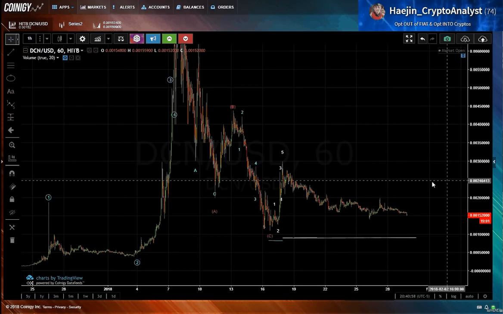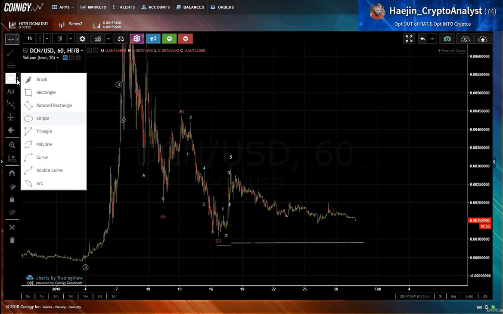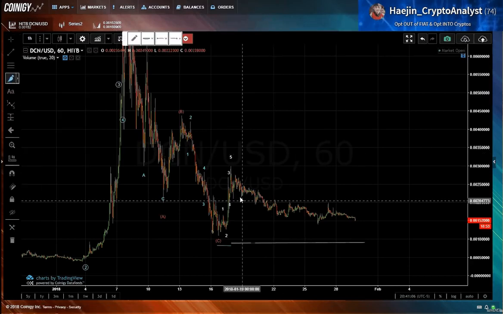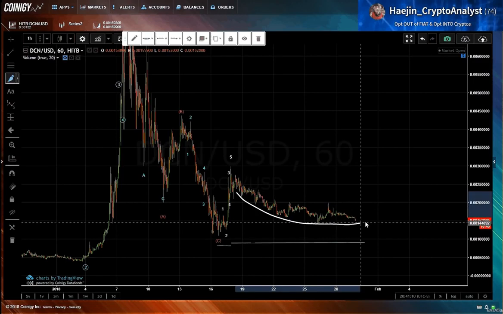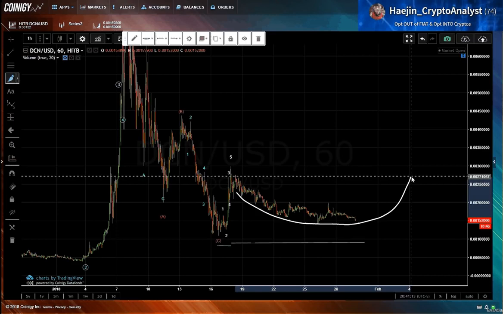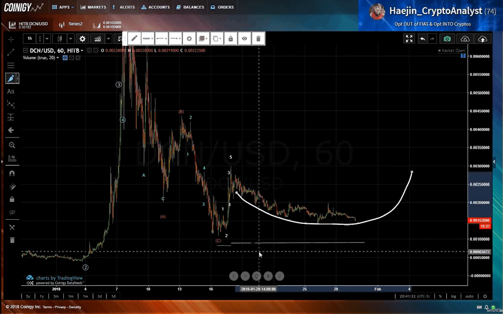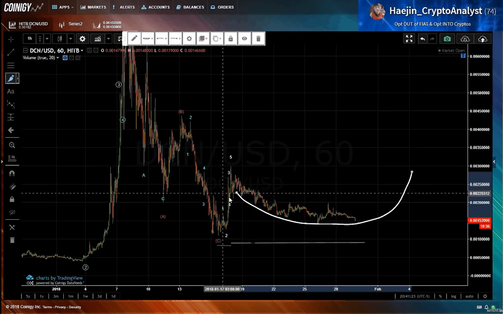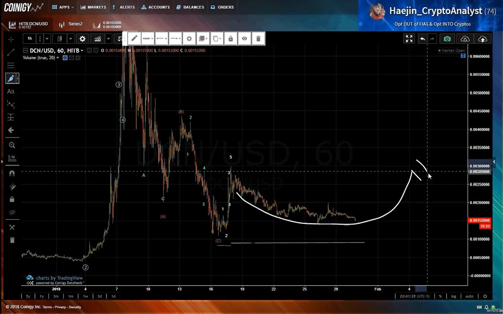Now, from the perspective of shapes and pattern, we could potentially see this as a very wide-looking bowl, a rounded bottom, which is very common. And this rounded bottom could end up as a cup and handle. Absolutely.